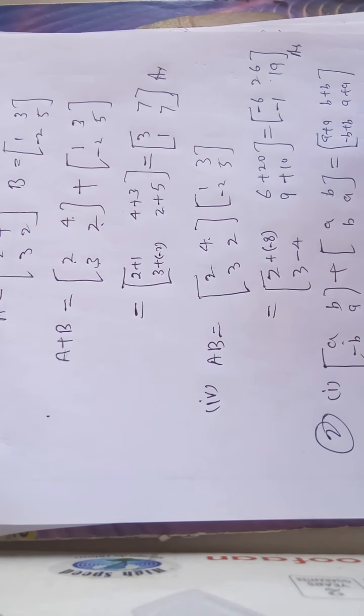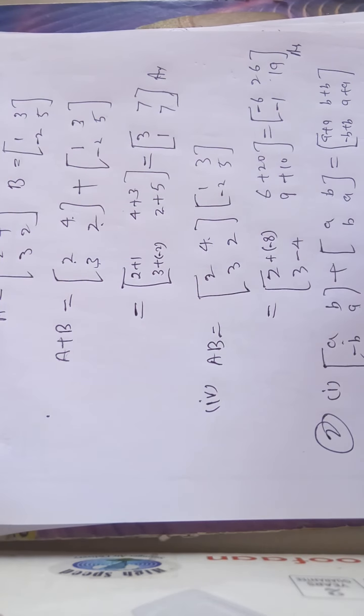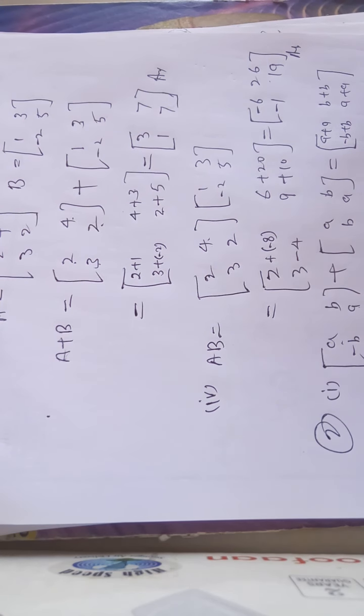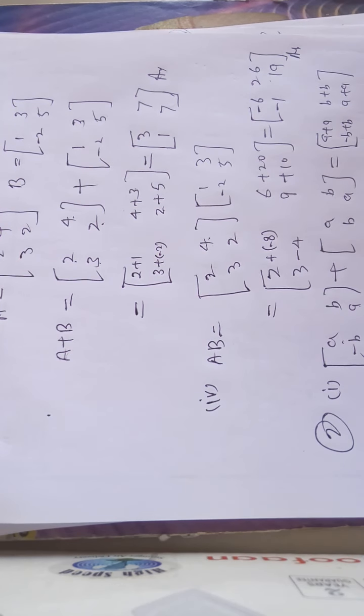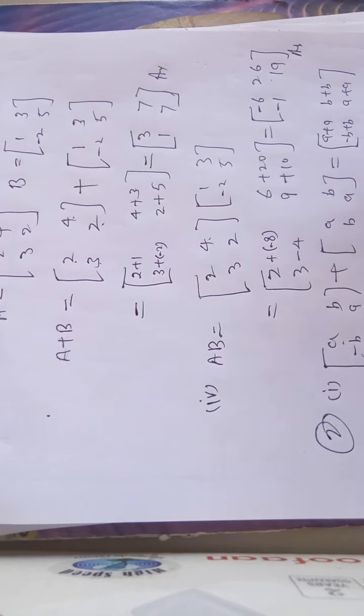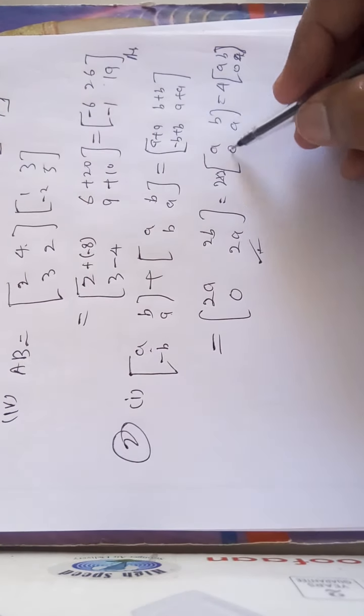That's your answer. Taking 2 common, you get 2 times [A, B; 0, A]. This is also the right answer, with A common.